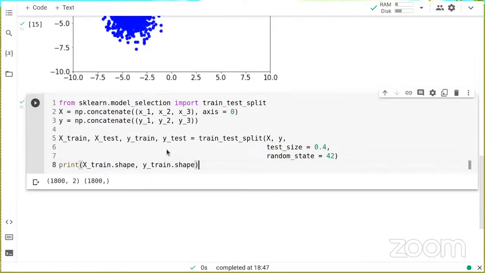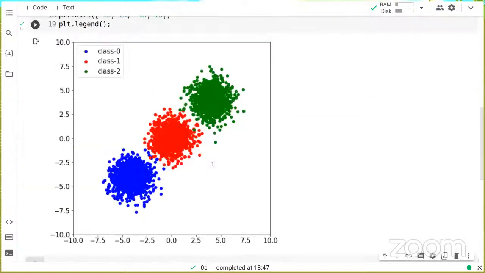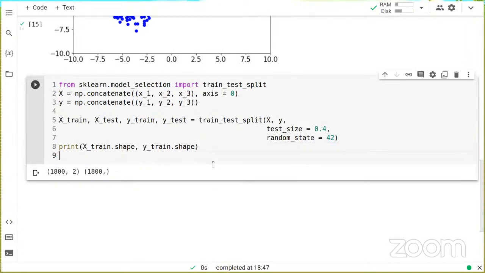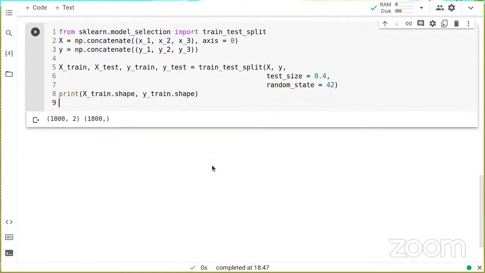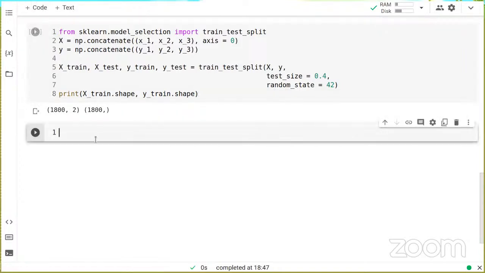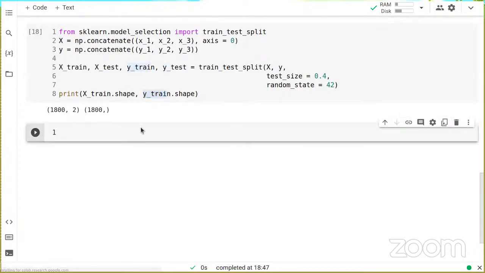Okay, so we have done the splitting also, right? We have done this split. So now if I want to ask you one question on top of this, can someone tell me how will I estimate the number of points in class 0 in y_train?